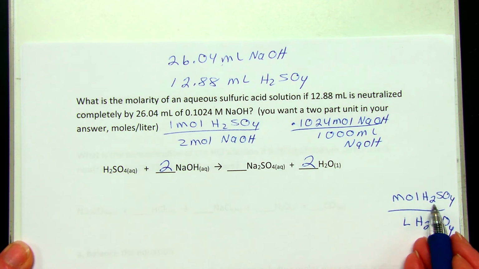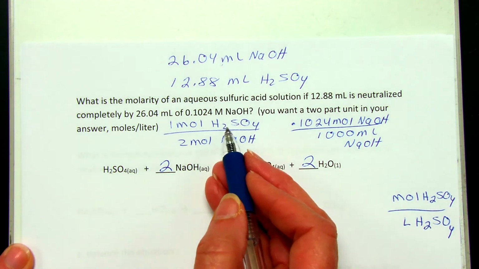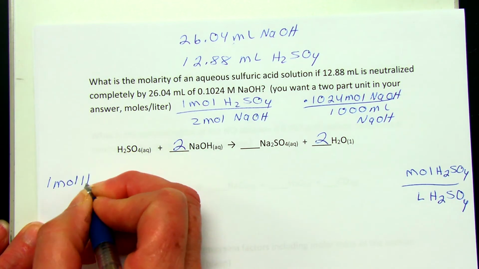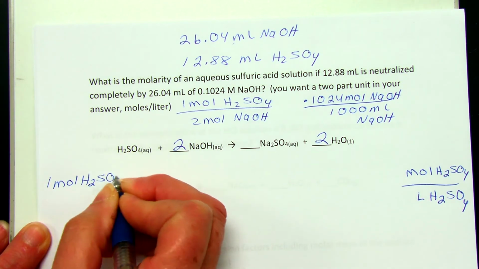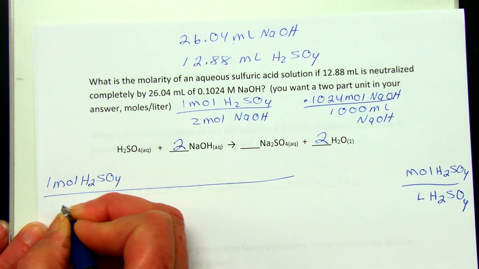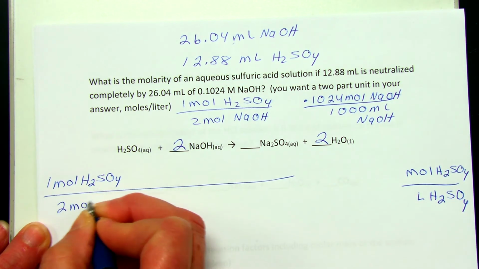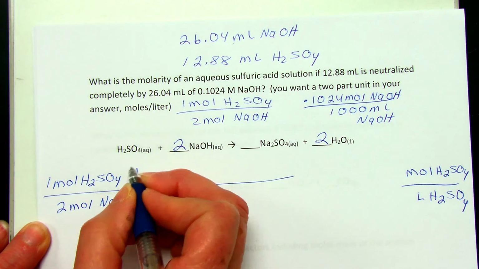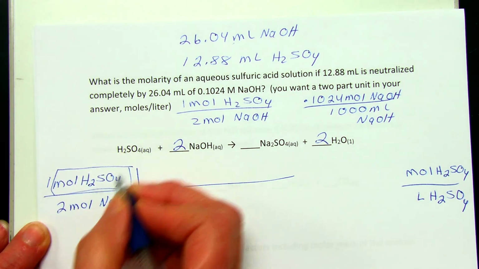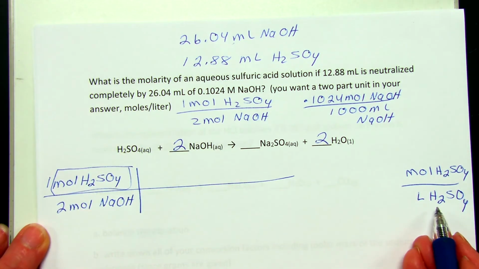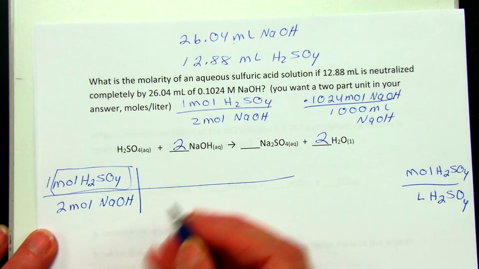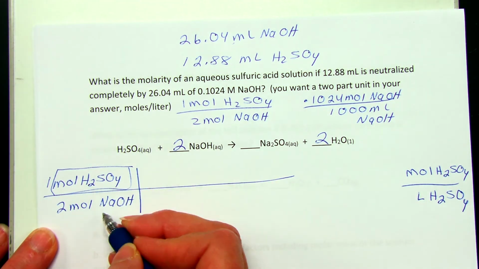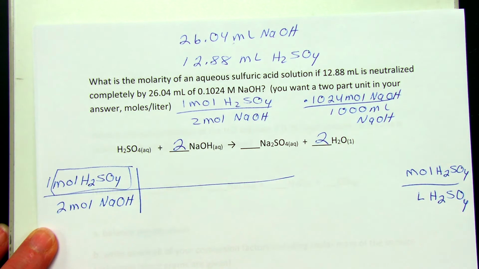So moles of H2SO4. So I'll just say, I'm going to start with that. I have 1 mole of H2SO4, sulfuric acid, per 2 moles of sodium hydroxide. Now I want to keep this unit, and somehow I want liters of sulfuric on the bottom. So I know from my balanced equation, I know the molarity.